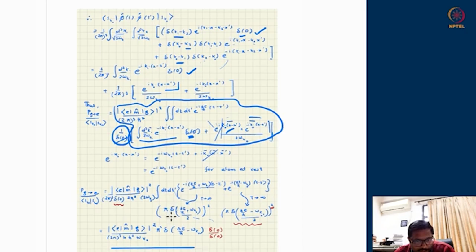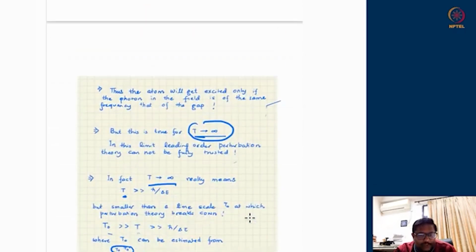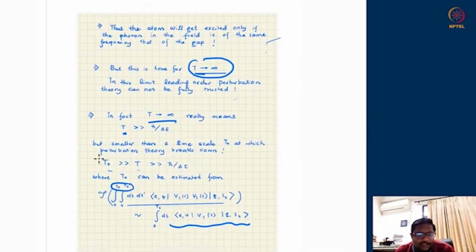Not the exact delta functions which we are getting here, but some function which is a very good approximation to a delta function. So in this time scale, where I am much larger than the internal time scale of the atom but much smaller than the time scale at which perturbation theory breaks down, our analysis is trustworthy enough.